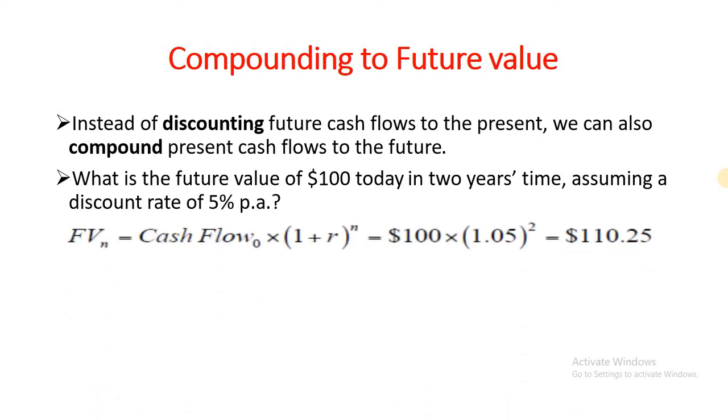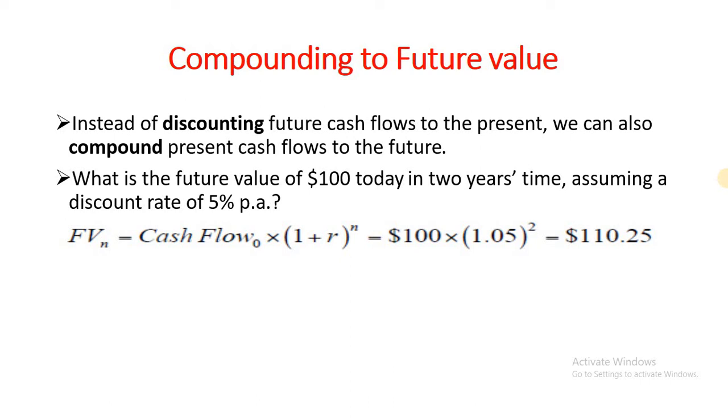The formula to find out future value is equal to cash flow times (1 plus r) to the power n. So here cash flow is 100 times 1.05, where 0.05 is the discount rate, 5%, to the power 2, because you will get the money after 2 years. So in this case, future value is 110.25.